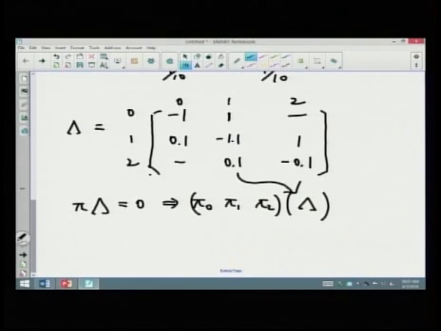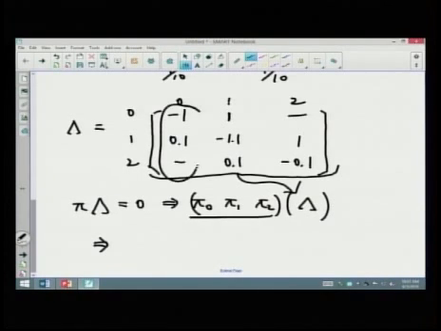Okay? So from here, the first equation should be pi times the first column of this matrix lambda. So that's going to be negative pi 0 plus 0.1 pi 1 equals 0. Okay? Because this is 0.